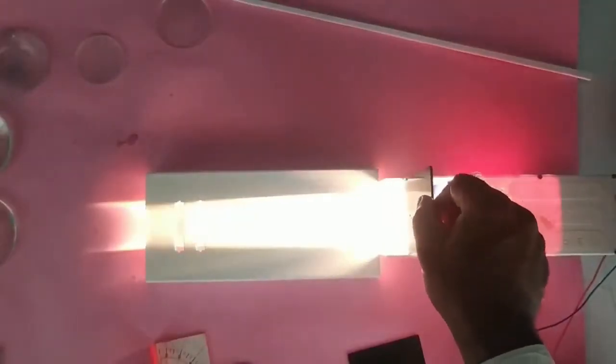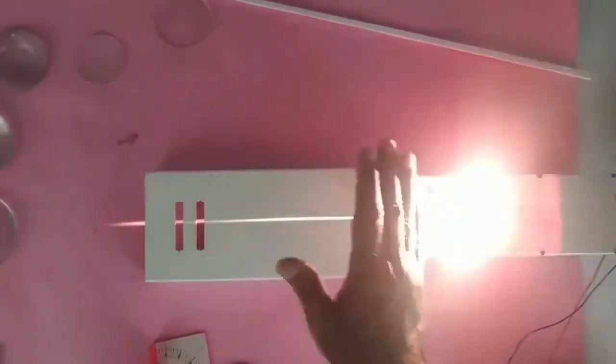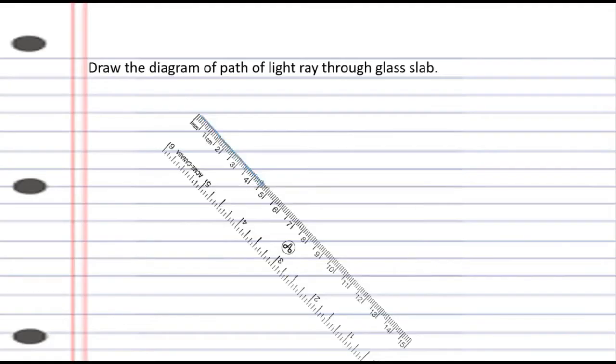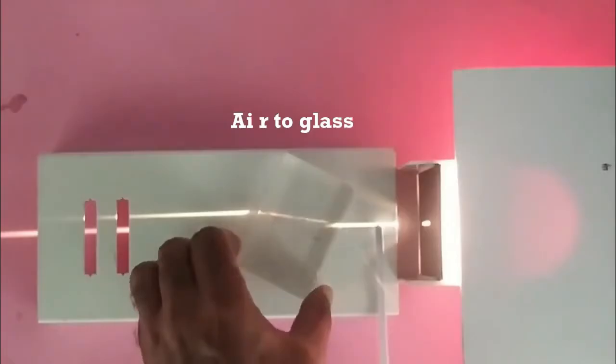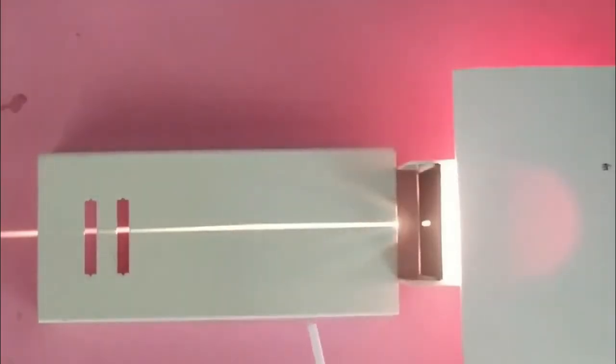That incident ray would have gone straight if it is in a single medium, air. But we are keeping a rectangular glass slab there, so it is moving from one medium to another medium, that is, from air to glass.